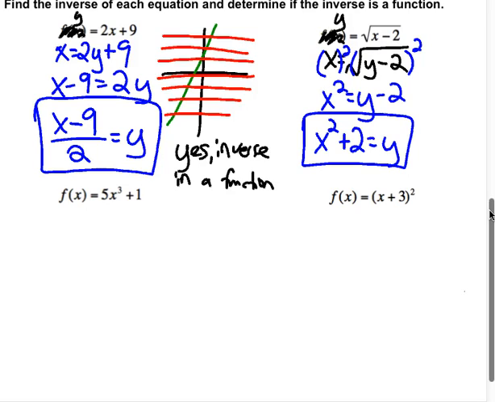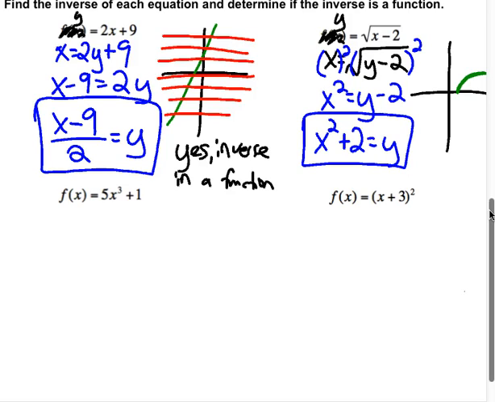And now let's determine, is that inverse a function or not? So again, we need to think of the horizontal line test. So my original function, I know my original function is a radical shifted 2 to the right.